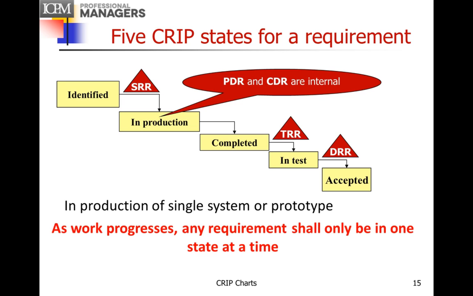The preliminary design review and the critical design review are internal to the production state. Once the requirements have been completed, or at least they've been built, then they're ready to go into test. And so we have a test readiness review. After it has been tested successfully, we have a delivery readiness review, and then the system is accepted by the customer.